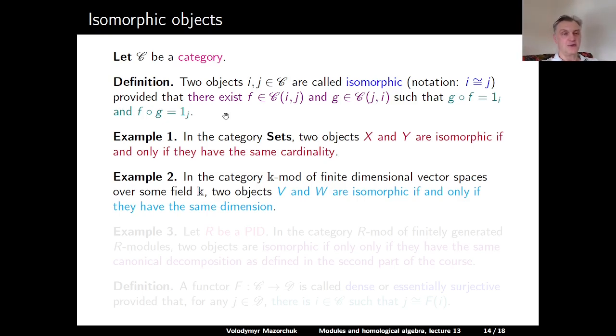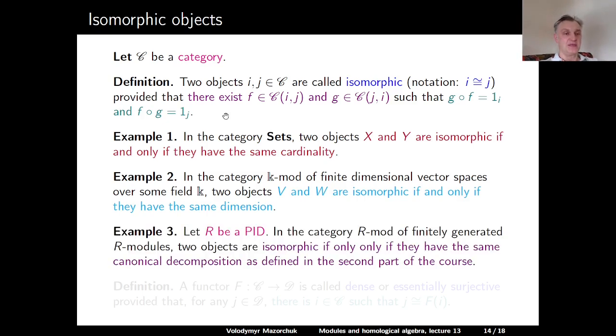This follows directly from linear algebra. Example 3, which is directly related to our course: let R be a principal ideal domain. Then, in the category of all finitely generated R-modules, two objects are isomorphic if and only if they have the same canonical decomposition, which we defined and studied in the second part of this course.